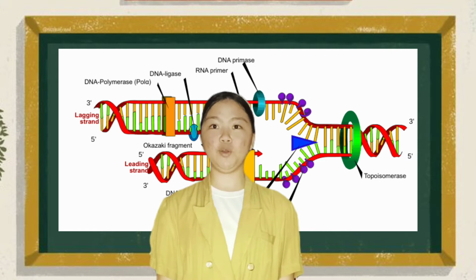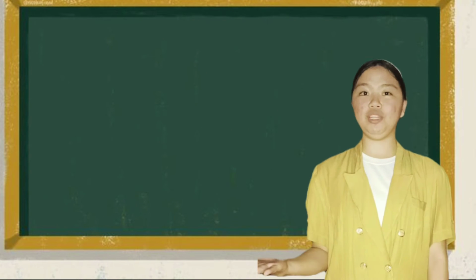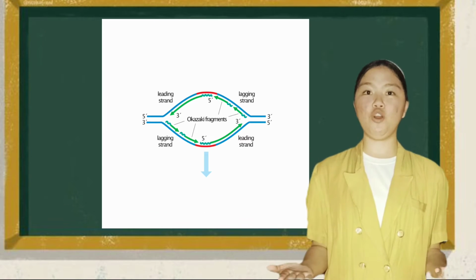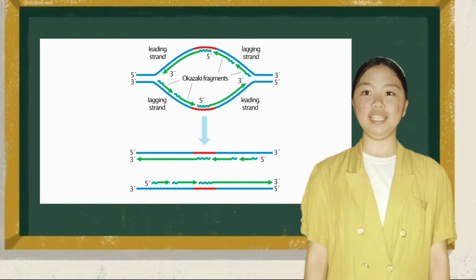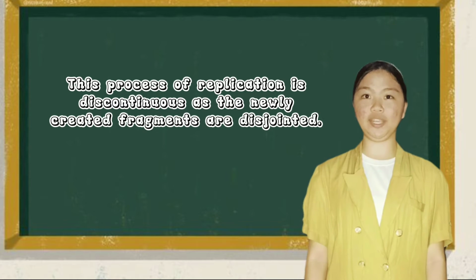Each primer is only several bases apart. DNA polymerase then adds pieces of DNA called Okazaki fragments to the strand between primers. This process of replication is discontinuous as the newly created fragments are disjointed.